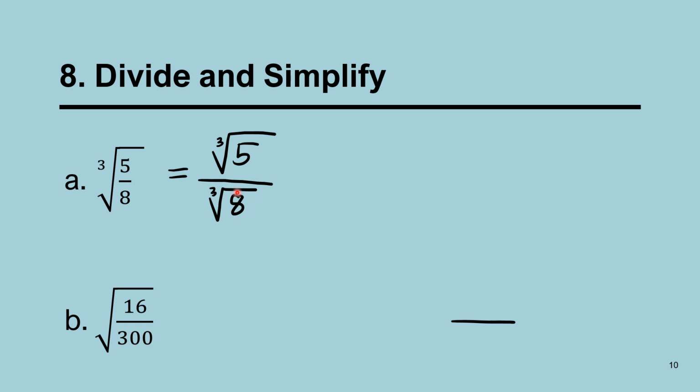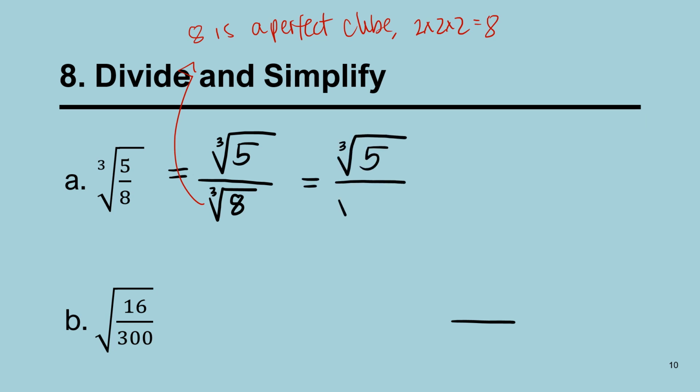But we do know that 8 is a perfect cube. Remember, 8 is 2 times 2 times 2, or 2 cubed. So the top stays the same. The bottom has changed: 8 is the same thing as 2 cubed.